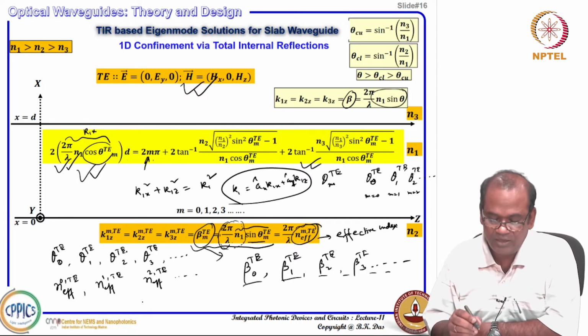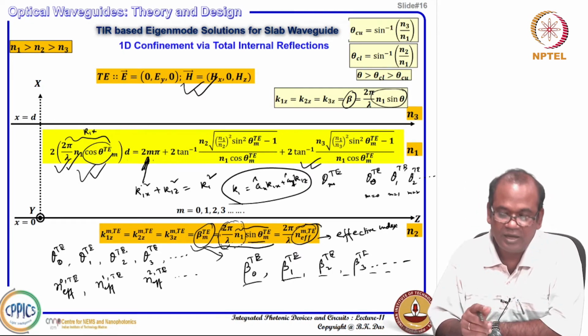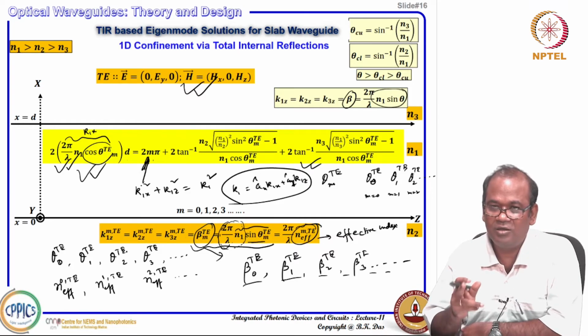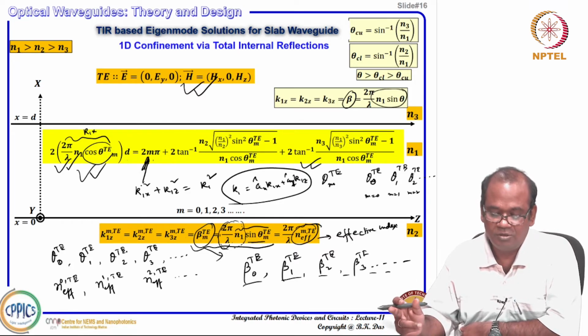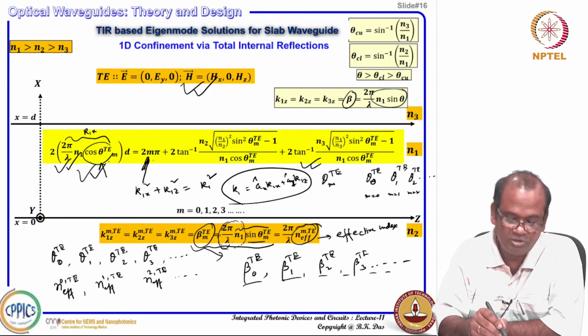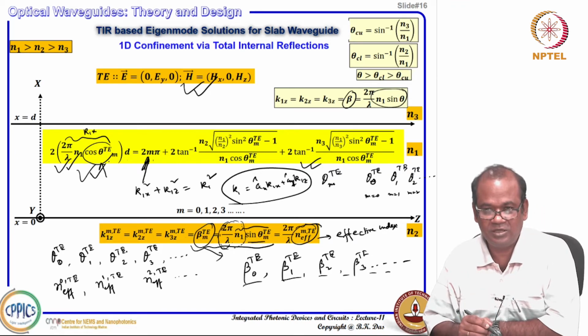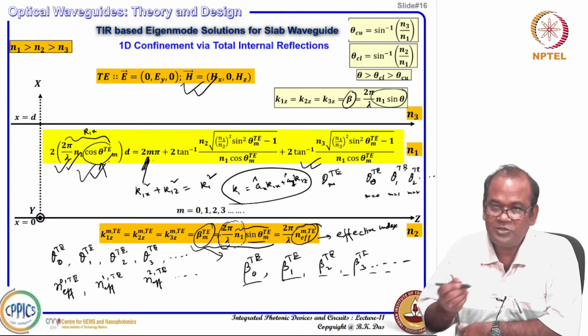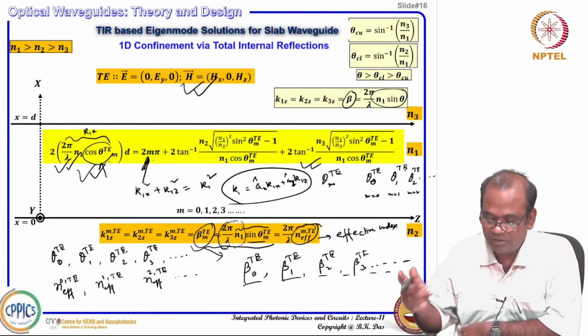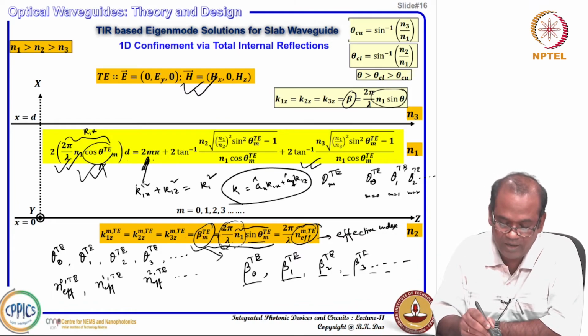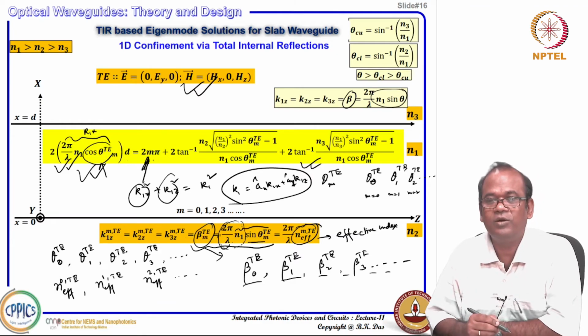So, this m entry actually defines individual propagating modes by giving the discrete solution of theta m, right. Once you get a discrete solution of theta m, then you get a discrete solution for k1x and a discrete solution for k1z.